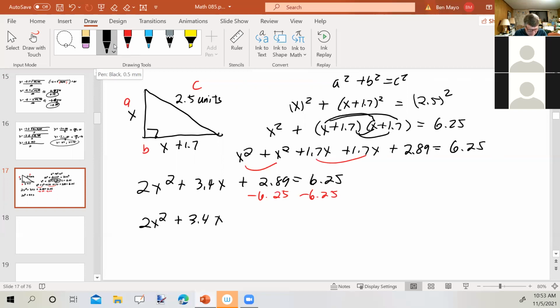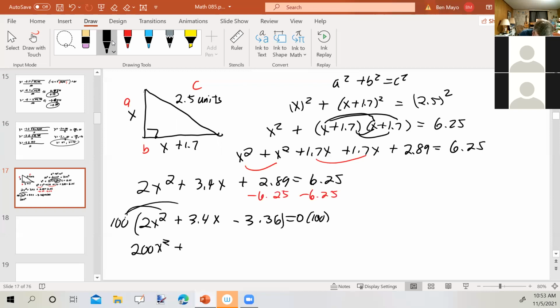And then let's see, we've got 2.89 minus 6.25 is minus 3.36 equals 0. We're going to multiply both sides by 100 to get rid of the decimals. Distributing, we get 200x squared plus 340x minus 336 equals 0.